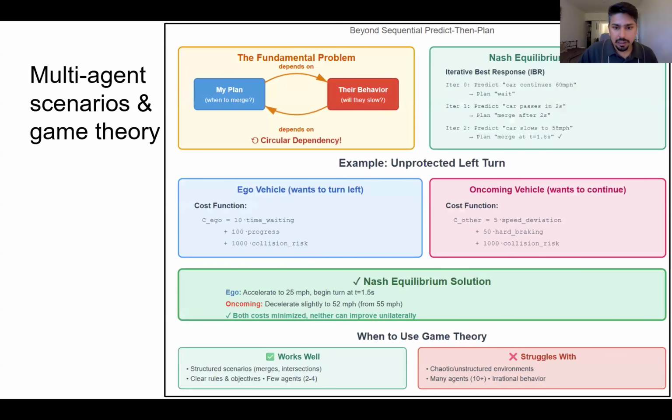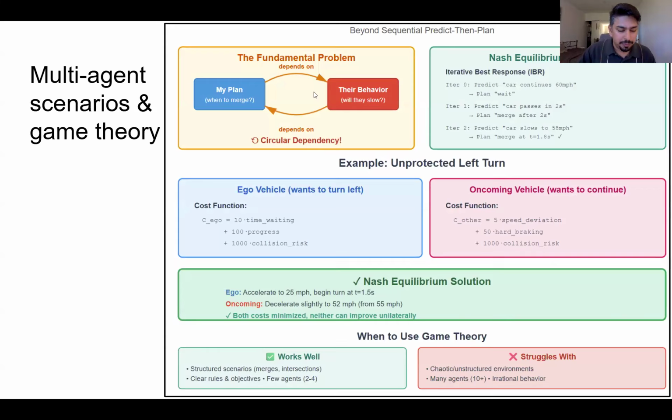And another thing that I alluded to before was this interactive nature. So now we can dig a little bit deeper into the interactive nature. Why is it that we cannot just think about planning for ourselves, with the agents planning for themselves, and that's okay? It's inherently not how any kind of interaction works on the road.